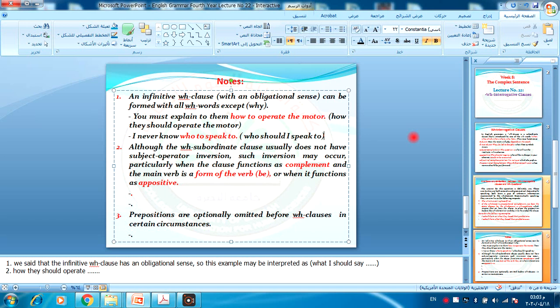So we have here two possibilities. First, subject-operator inversion when the WH interrogative clause is a complement and the main verb is a form of be, and the second one when it functions as an appositive.